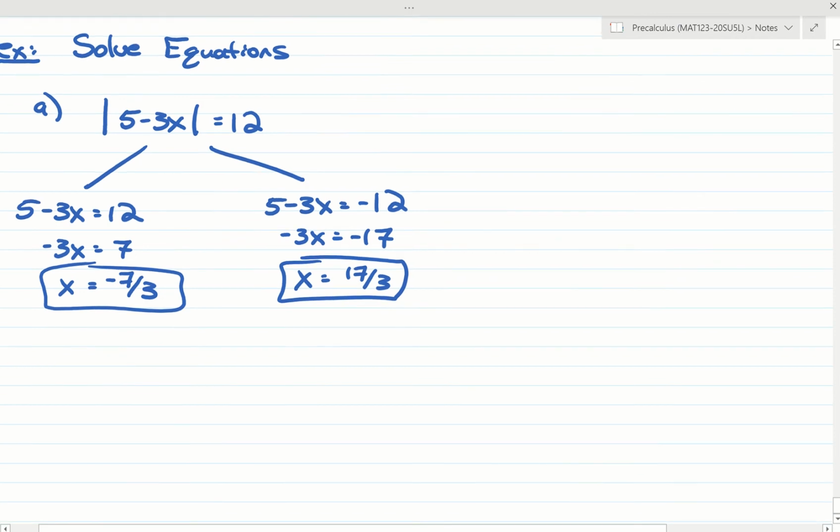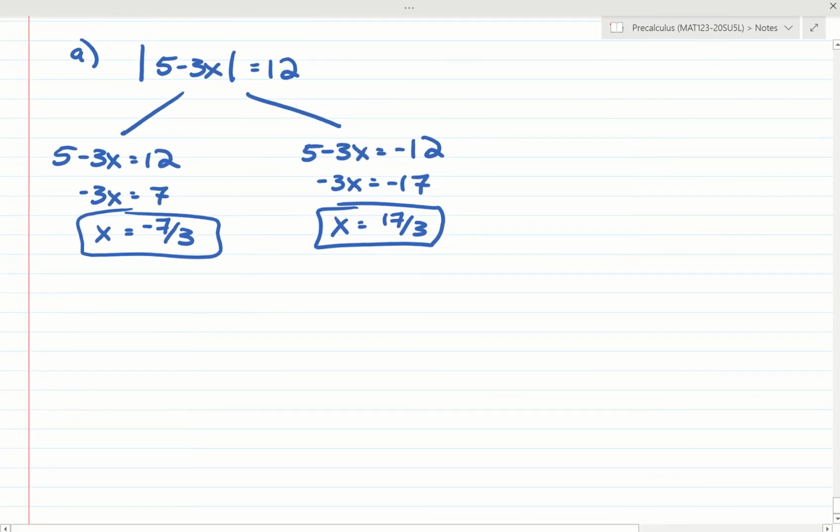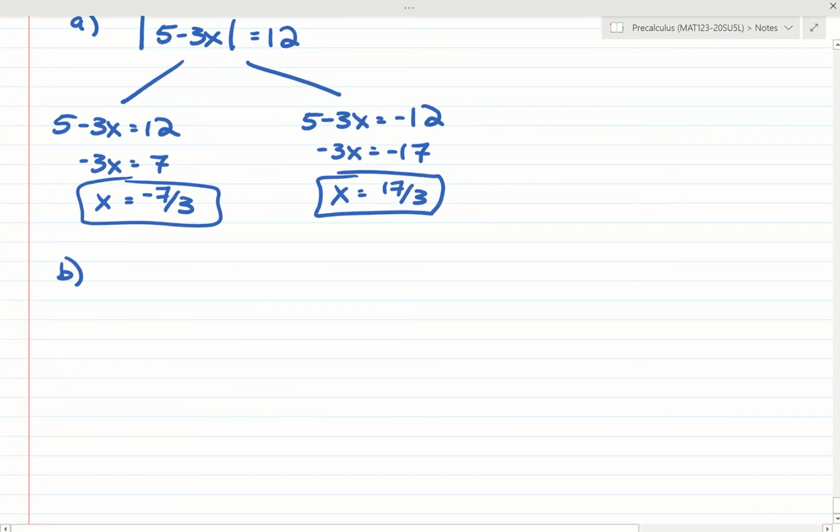The second problem is a little bit more interesting. What if we had the absolute value of 4x minus 3 is equal to the absolute value of x plus 6? Now here's the tricky part. If I take the absolute value of 3, that's technically equal to the absolute value of negative 3, right?